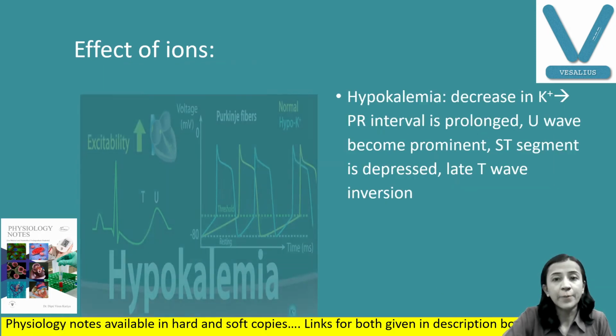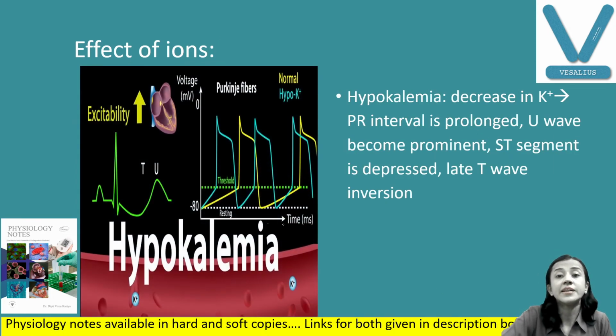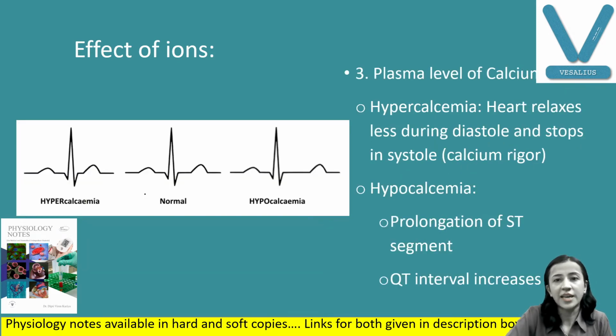Hypokalemia, when the potassium level decreases, results in prolongation of the PR interval. In the ECG, the U wave becomes prominent, the ST segment is depressed and the T wave is inverted. These are the effects of hypokalemia. And what are the effects of an increased level of potassium ions?